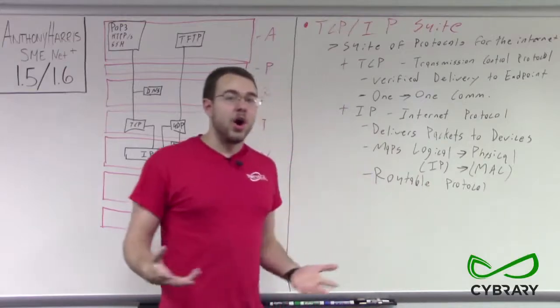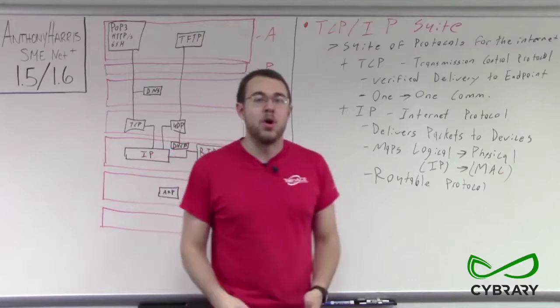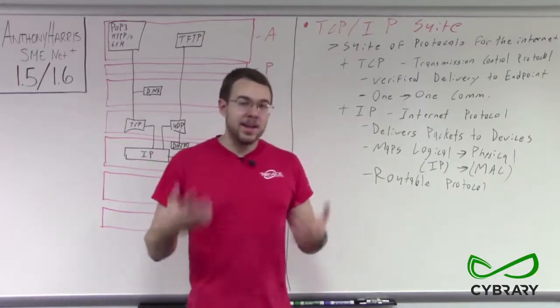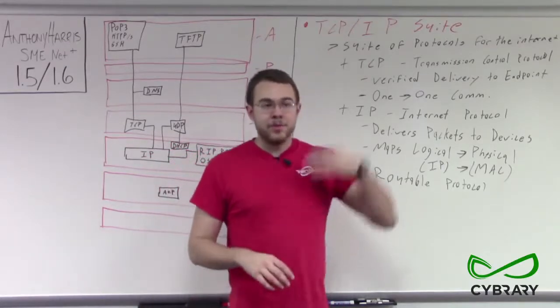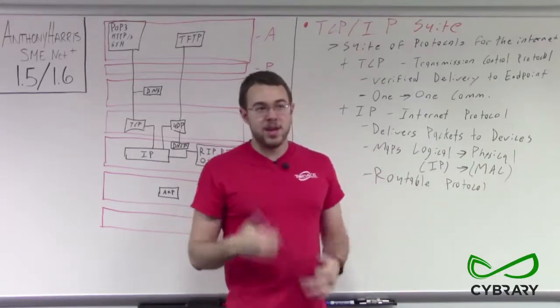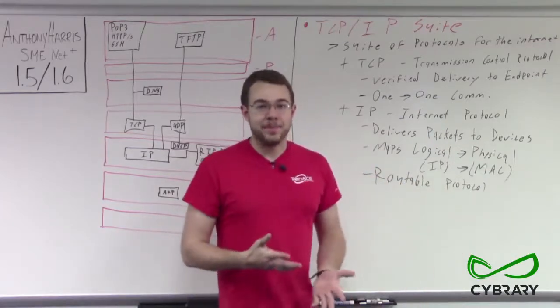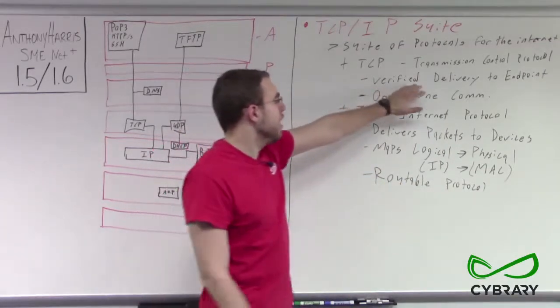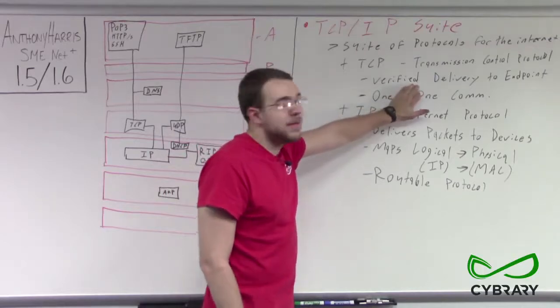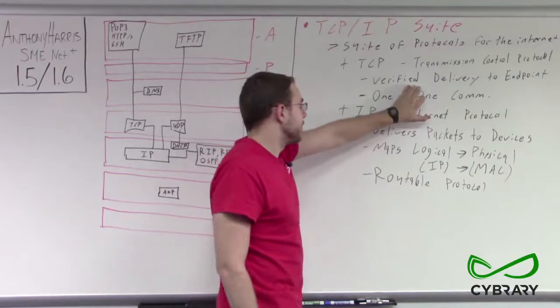So when we're sending data over a TCP connection, we're sending a packet of data from one point to another point in a one-to-one correlation. So I am sending one point, or one IP address, this packet. And when it gets there, it's going to verify that it received that packet and that it received it in the right order. That's what TCP does.